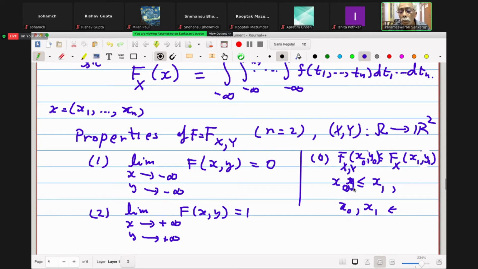(x0, y0) is less than or equal to (x1, y1). So I don't need to say this in R2. I don't know if it is legible. Make that legible. Continue.